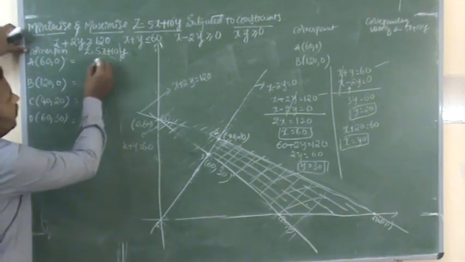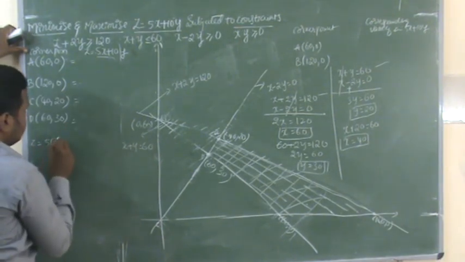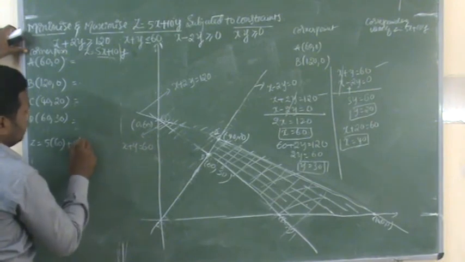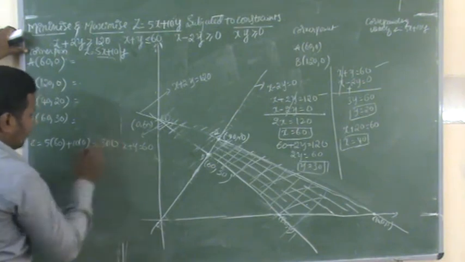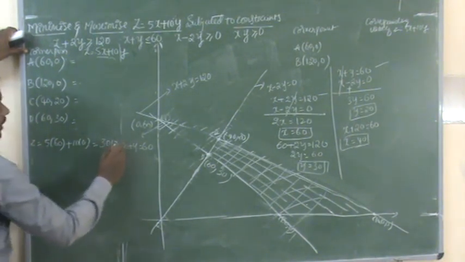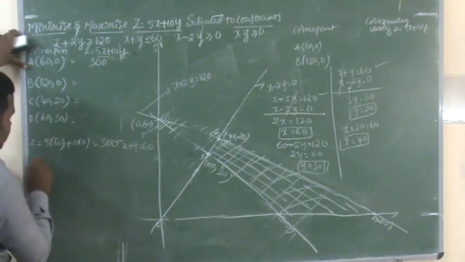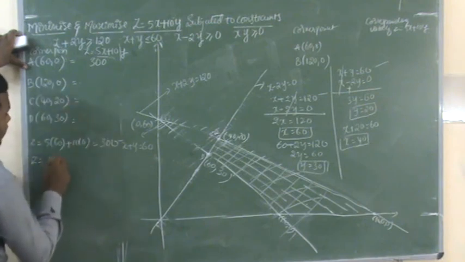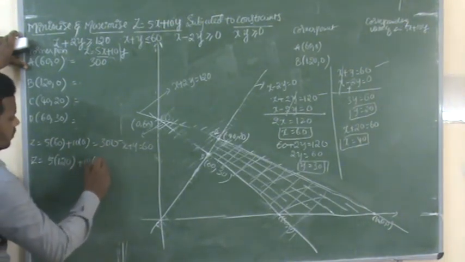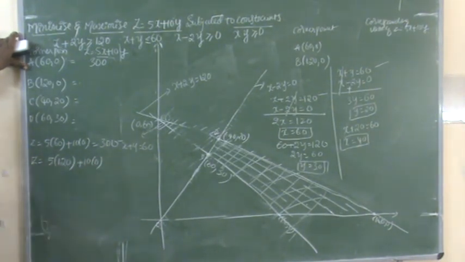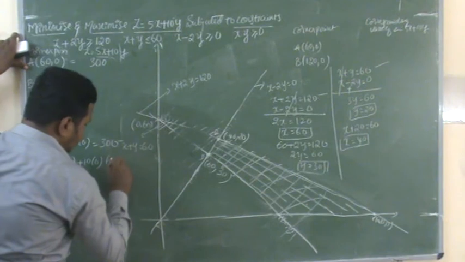Substitute in the values. For the first point, z is equal to 5 into 60 plus 10 into 0, that is 300. For the second point, z is equal to 5 into 120 plus 10 into 0, that is 600.